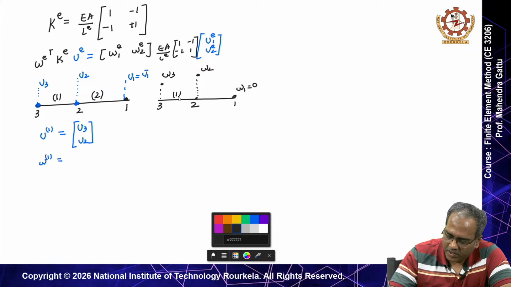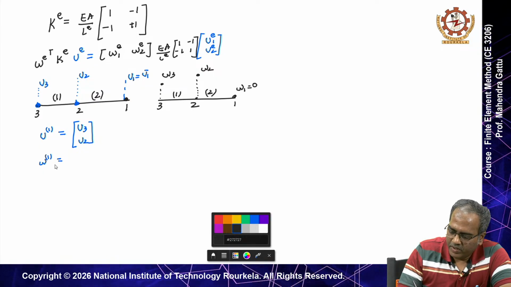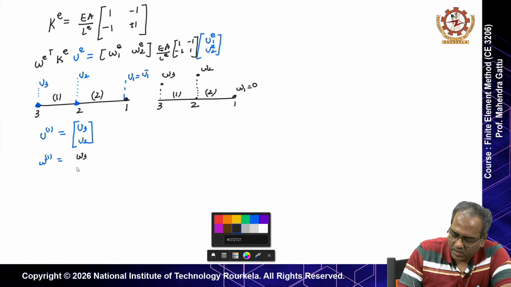So, this is element 1 and this is element 2. So, W for element 1 will be W3 and W2.